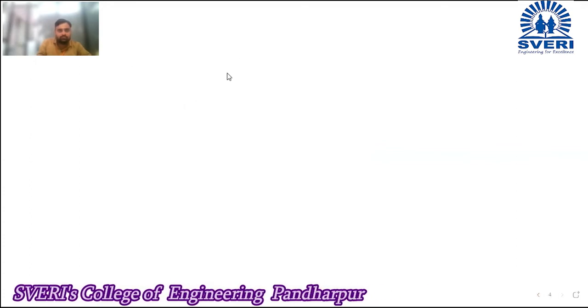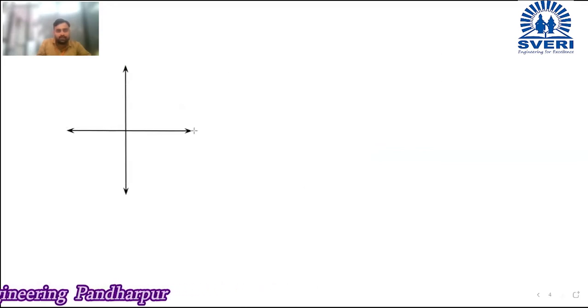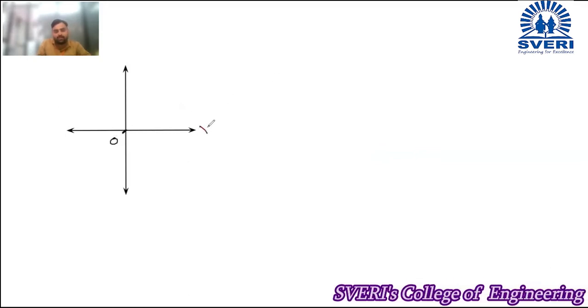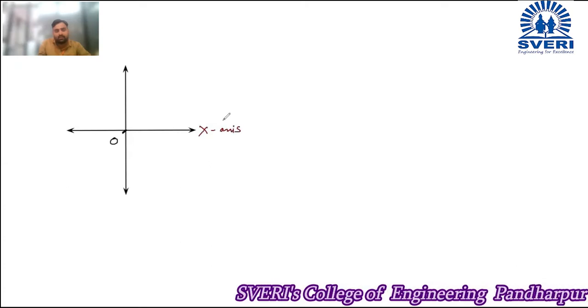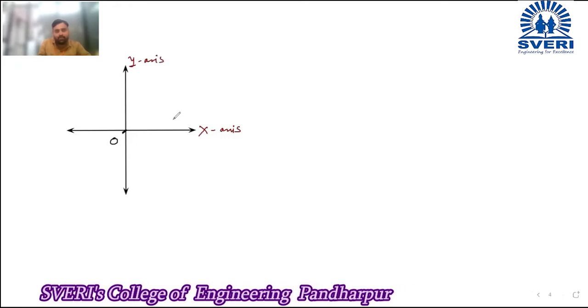Now we will see sign conventions also. Sign conventions are very simple; I have told you before also. This is your y-axis, this is your x-axis, and this is your origin O. On the right hand side, positive numbers are there.